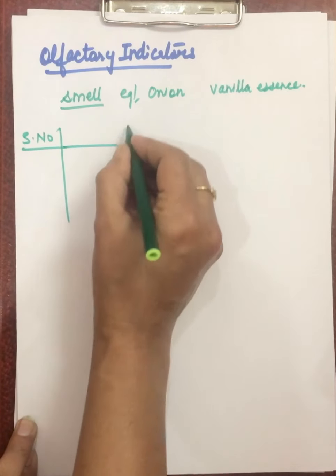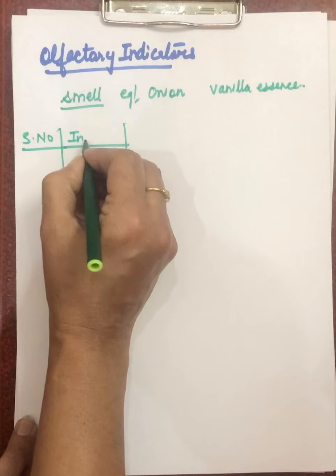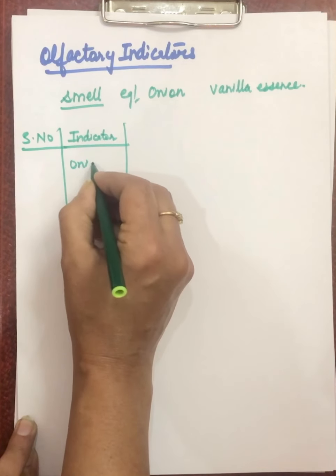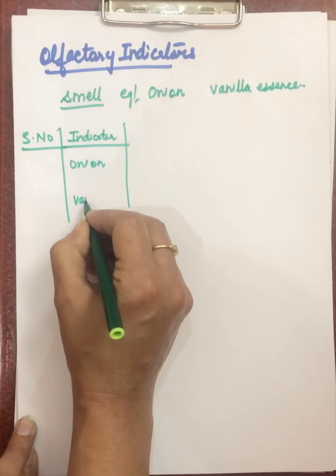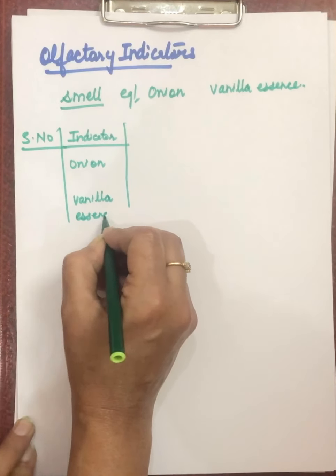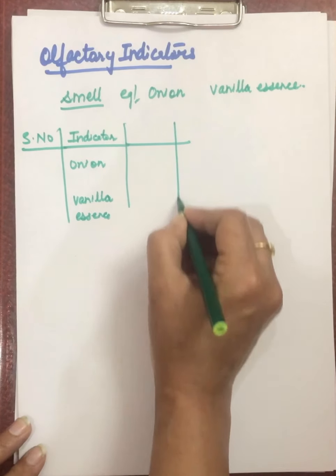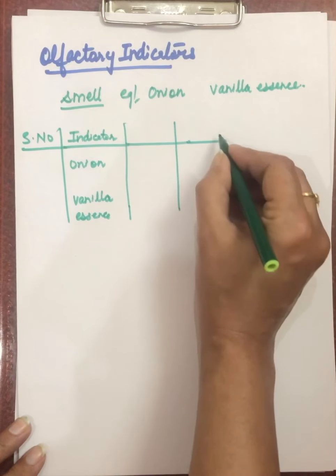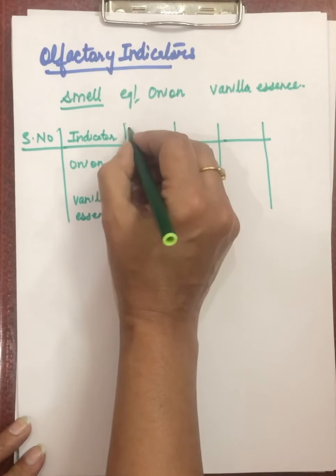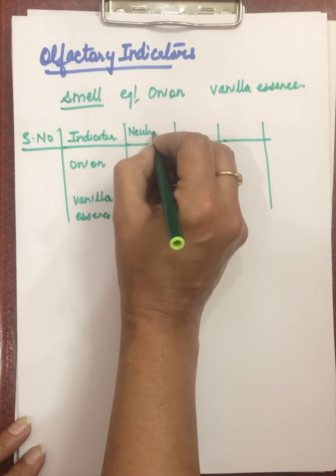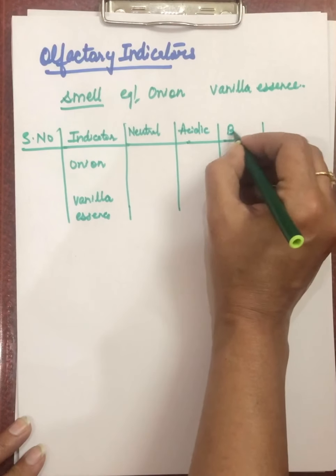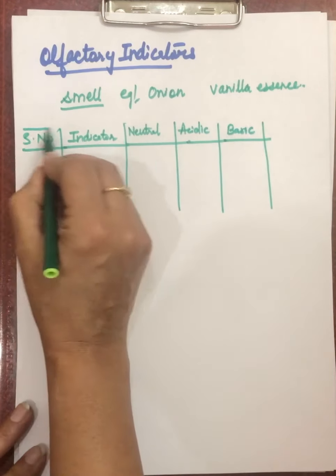So two indicators we are taking here, onion and vanilla essence. Now their smell in neutral medium, in acidic medium and in basic medium.